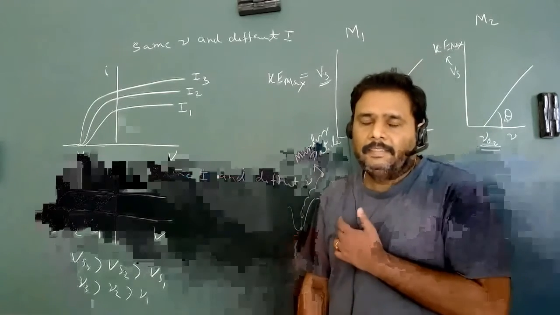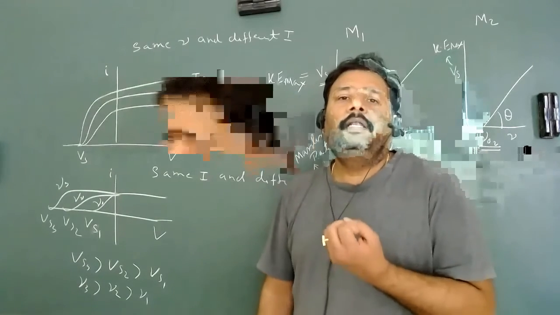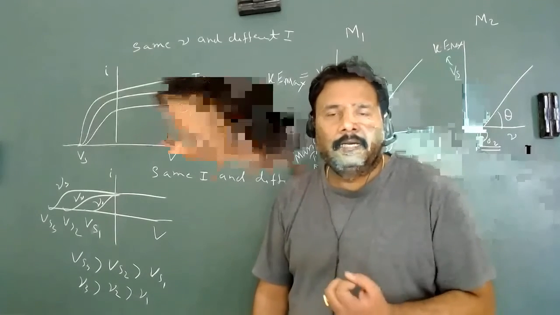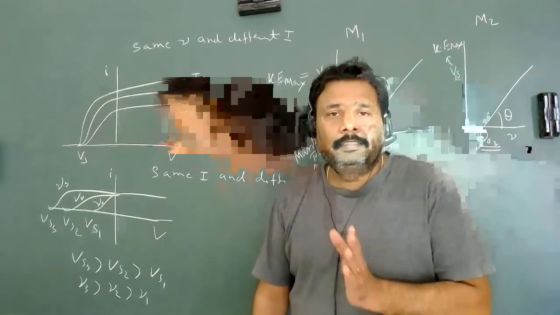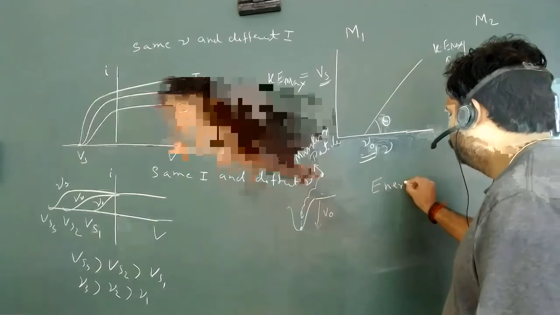So here Einstein gave two concepts. First, these photons are bundles of energy. They are massless, and this energy is equal to h nu. The energy of a photon is equal to h nu.